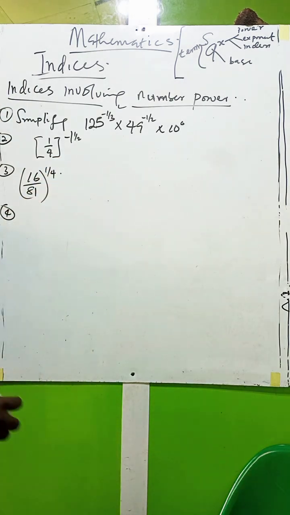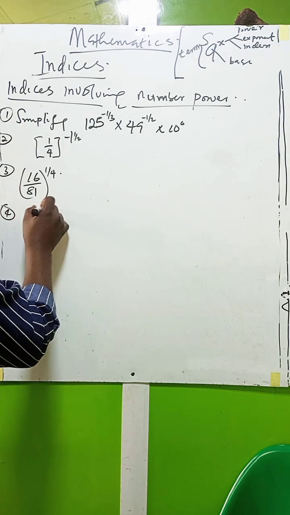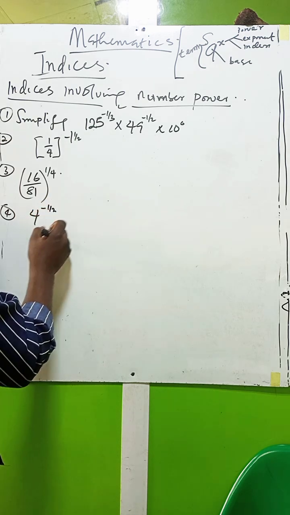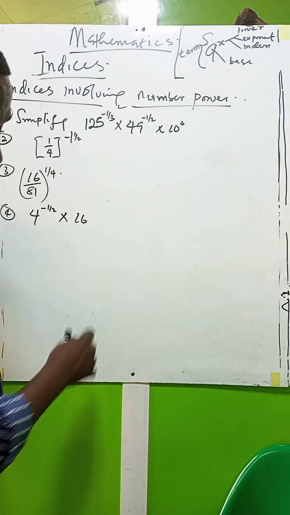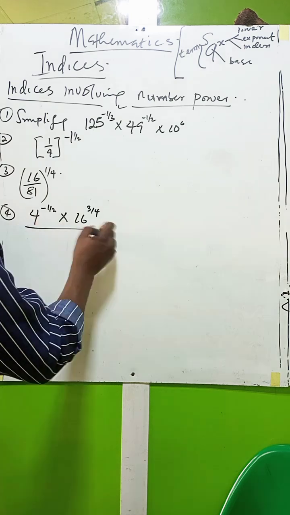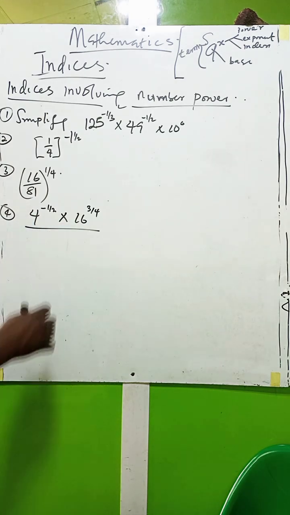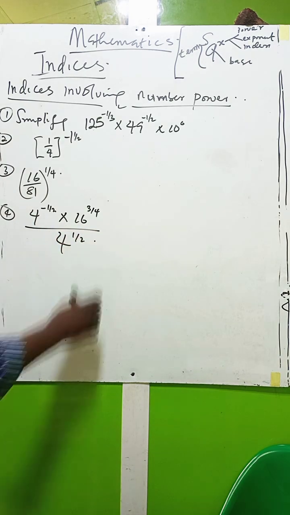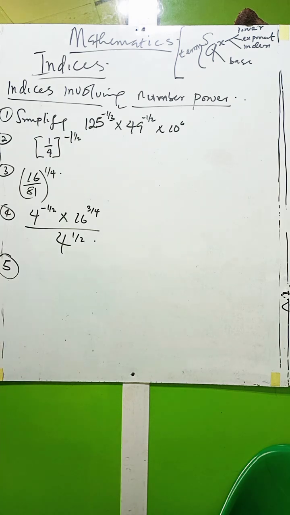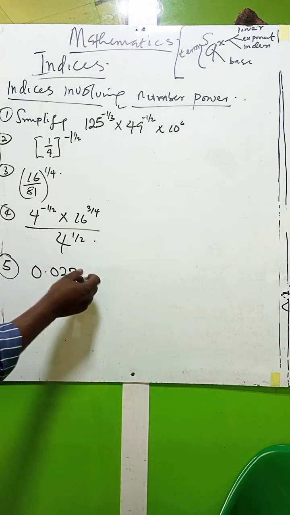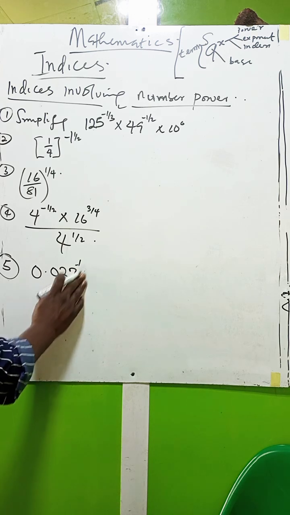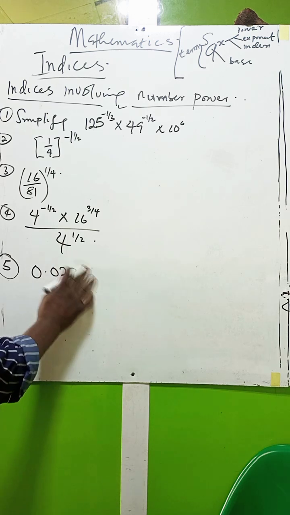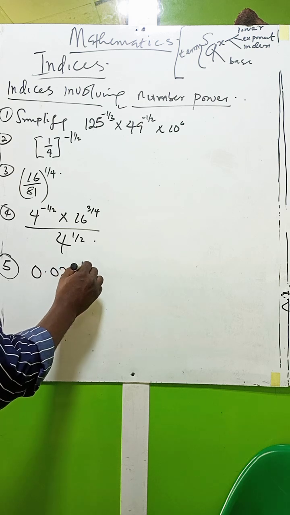Number 4, 4 raised to the power minus 1 over 2 times 16 raised to power 3 over 4, over 4 raised to power 1 over 2. Then lastly, number 5, we have 0.027 raised to power minus 1 over 3.